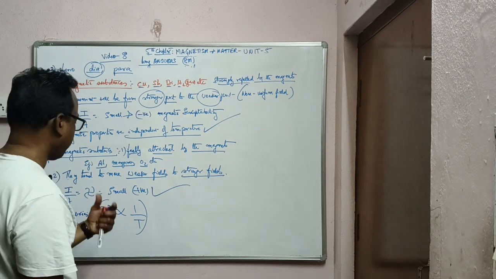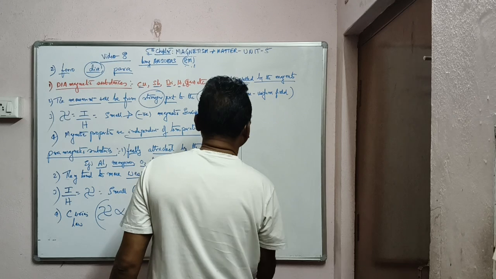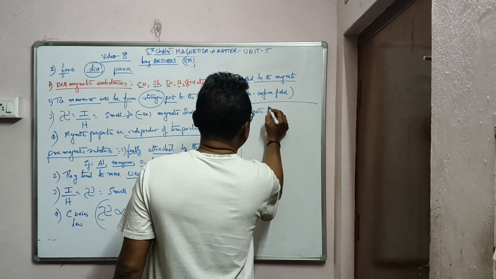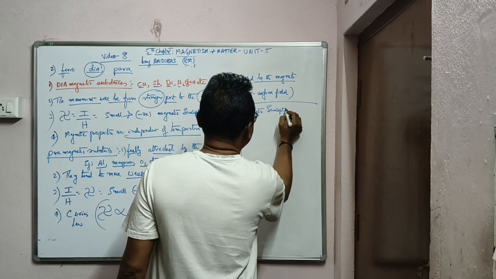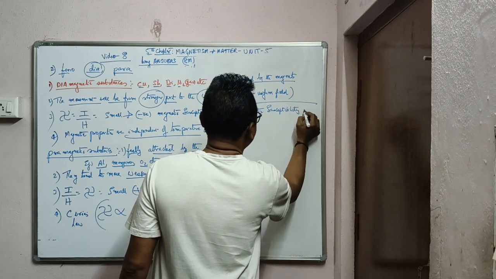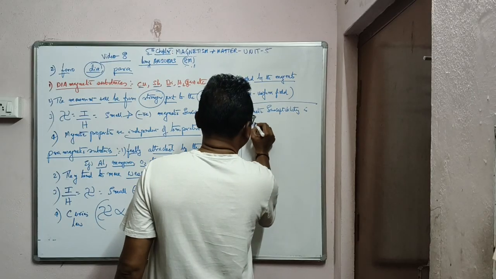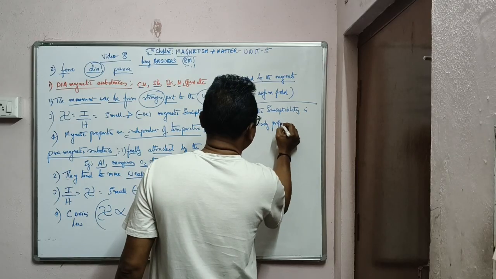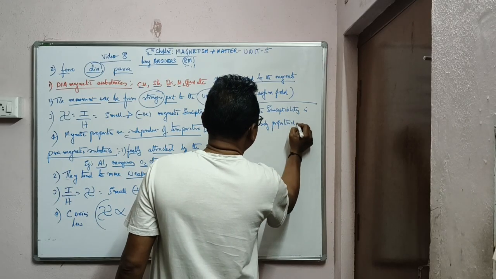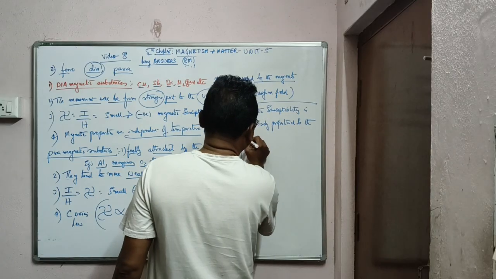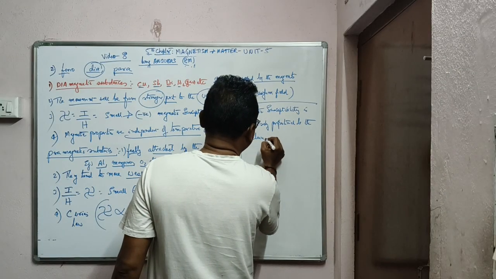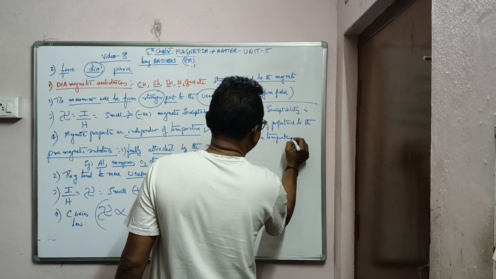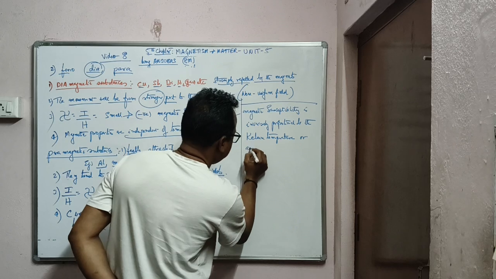So the magnetic susceptibility is inversely proportional to the Kelvin temperature or absolute temperature.